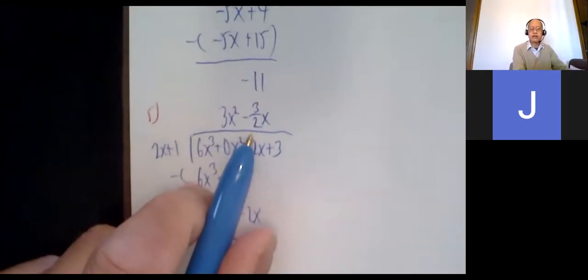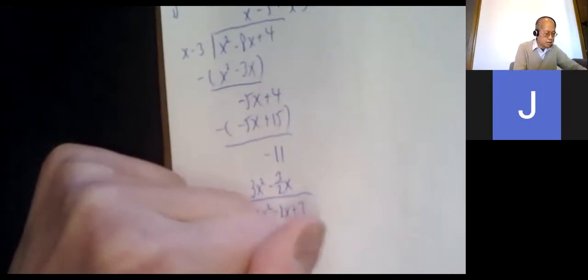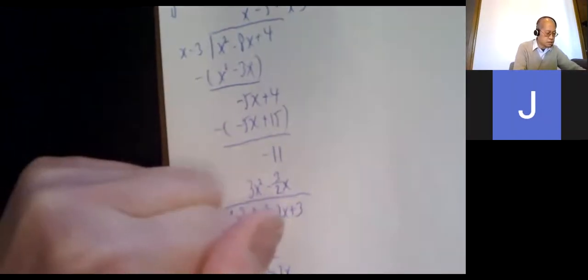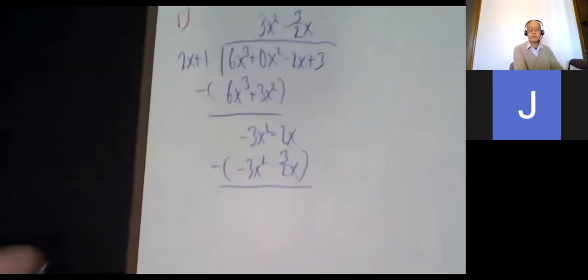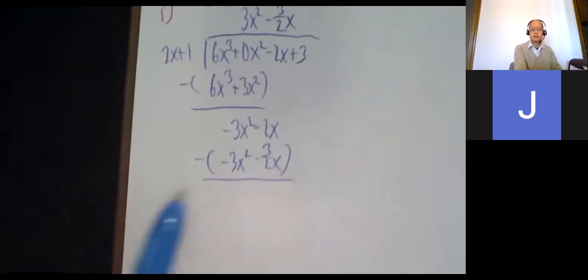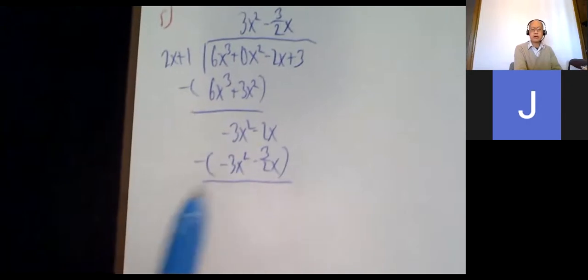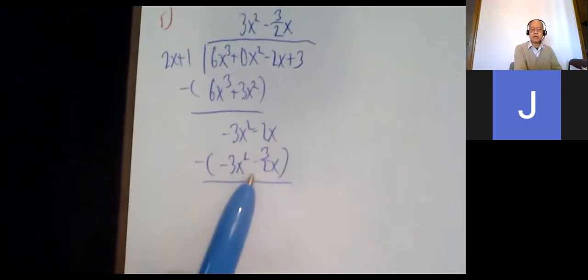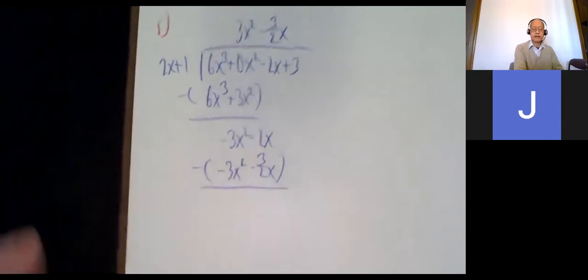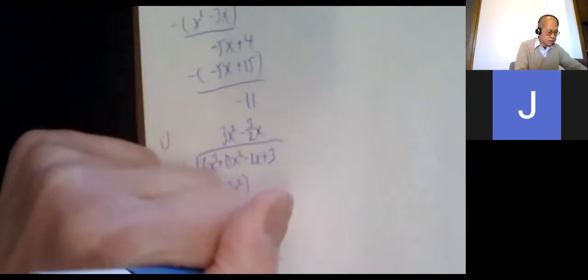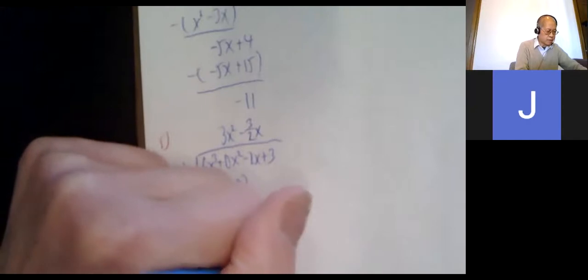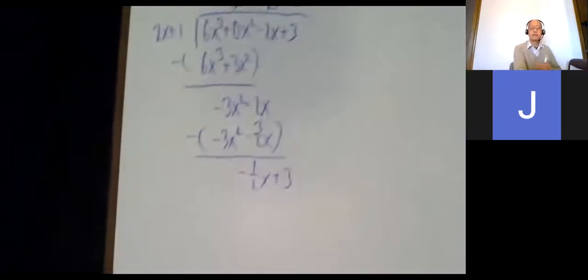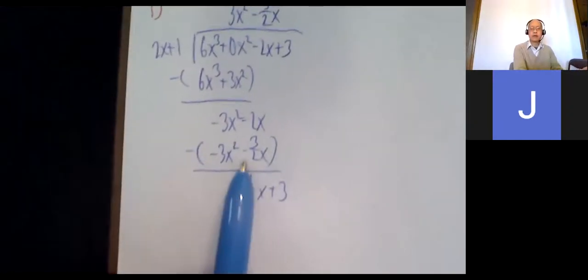And negative 3/2 x times 1 is negative 3/2 x. Subtract. This cancels out. Negative 2 plus 3/2 is negative 1/2. So negative 1/2 x, bring down the plus 3.